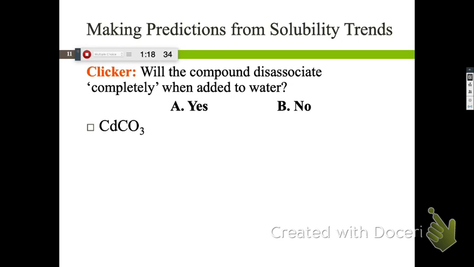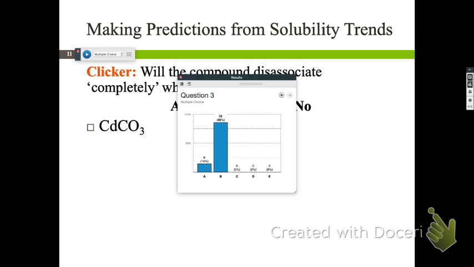Find this one? Great. Right. So for this one, CdCO3. All right, I'm going to close out. That was weird. When I say closing out, it means I'm closing out.